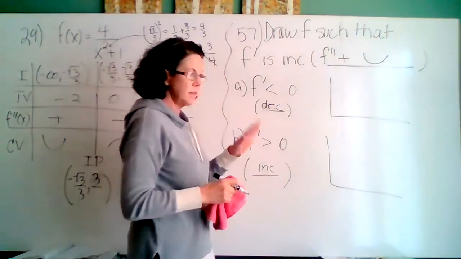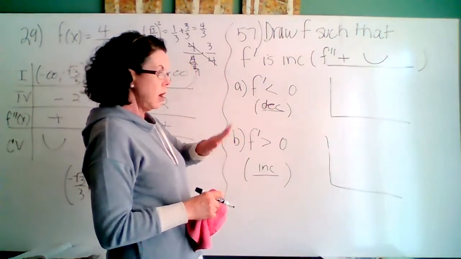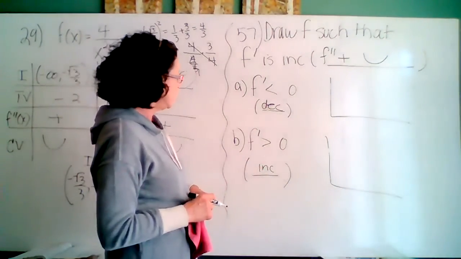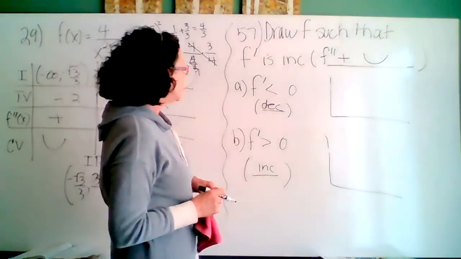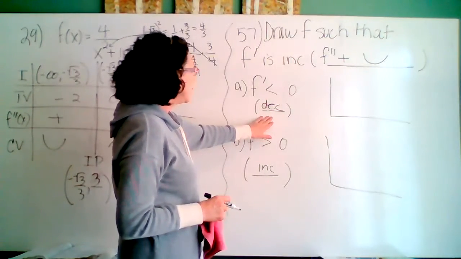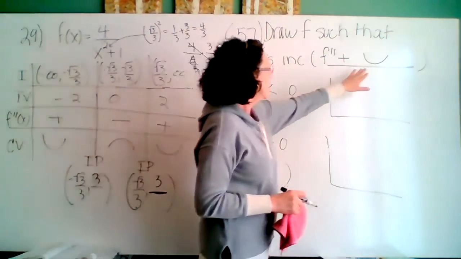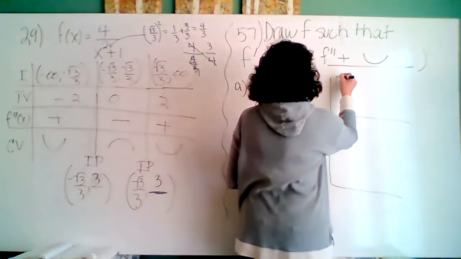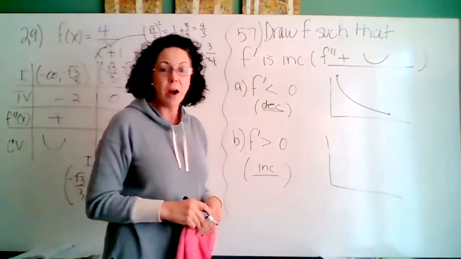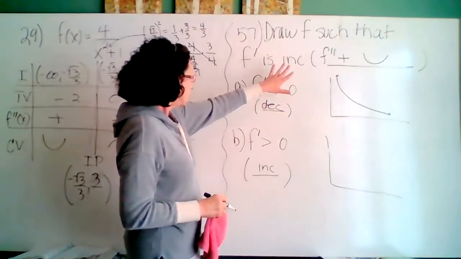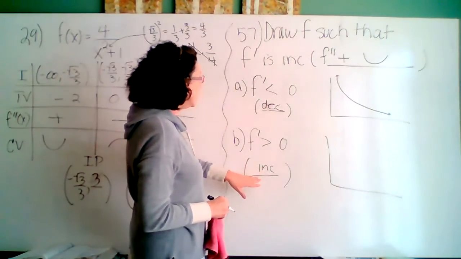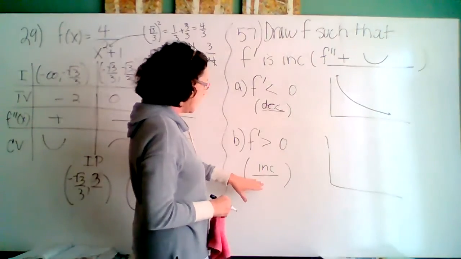Because imagine a function that's increasing, all the slopes of the tangent lines would be positive, the derivative would be positive. So what they've asked me to do on A is draw a graph of a function that is decreasing and concave up. They've asked me on B to draw a picture of a function that is increasing and concave up.